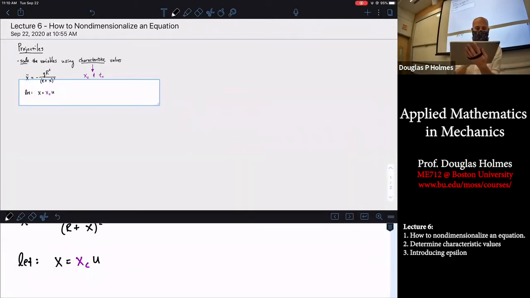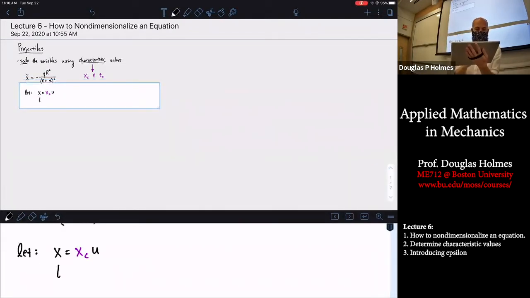And then I'm going to do the same thing for t. My time is going to be replaced with my characteristic time times a new variable s.